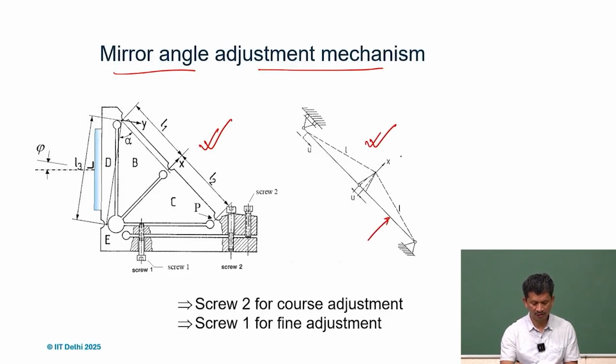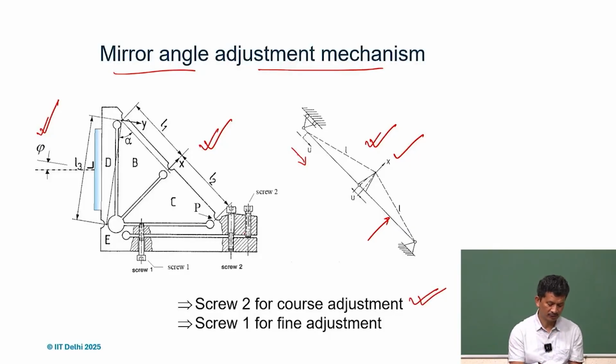so this is getting displaced x, and then you get u, and therefore you will have this phi rotation. What you see here is that screw 2 is for coarse adjustment. Here you see screw 2s.